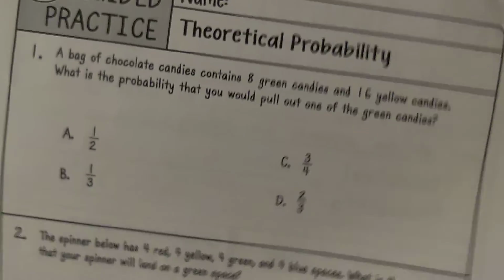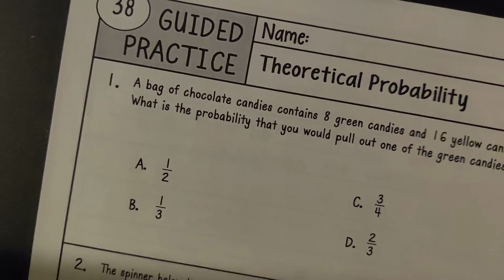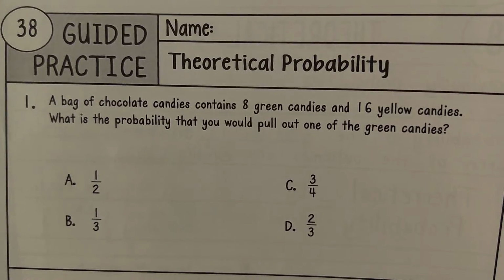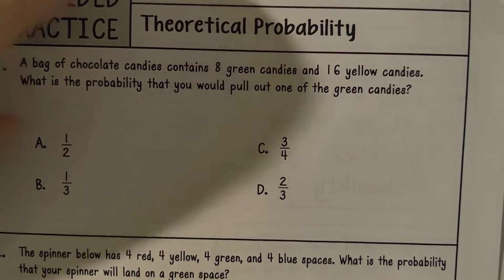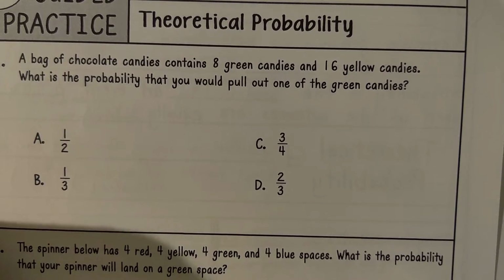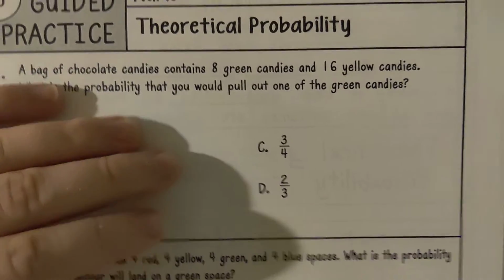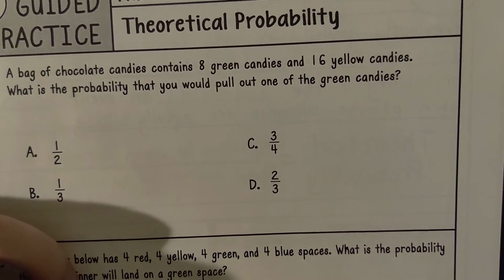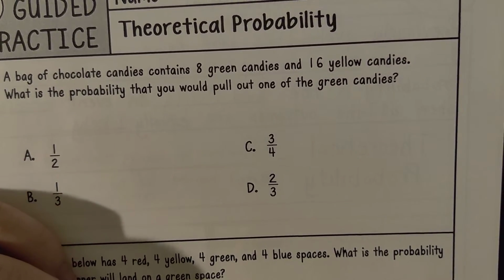So now let's flip to the back. You can see some questions. A bag of chocolate candies contains 8 green candies and 16 yellow candies. What is the probability that you would pull out one of the green candies? So remember earlier when we had my spinner, we had 2 stars and either 6 spots or 8 spots.